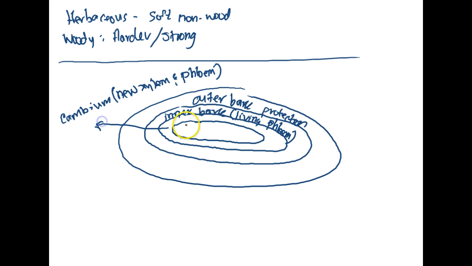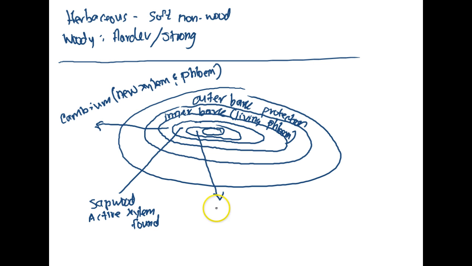And if we were to go another layer in to this one here, that one would be what we would refer to as being the sapwood. And the sapwood is important because it is where the active xylem is found. And one more layer in takes us to another area that is called the heartwood.